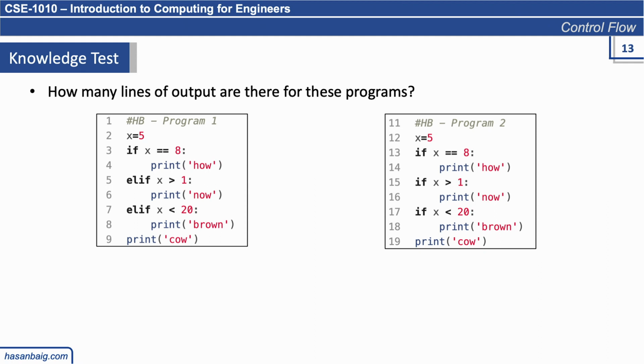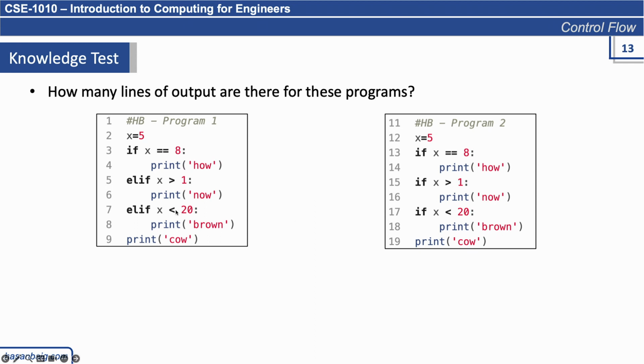The second if statement and the third if statement, and then the print. Second statement, which line number? 15, 17. 15 is satisfied. Why do you think it is going to be executed? Because 5 is less than 20.